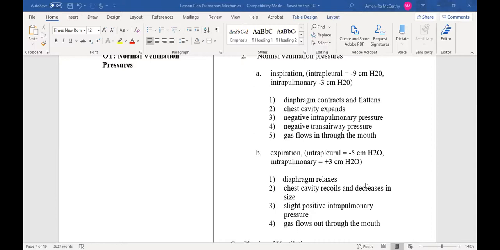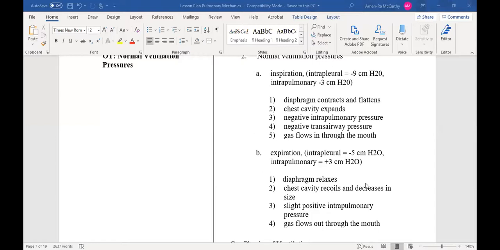Same. In between breaths, the pressure outside and the pressure inside is the same. So that's why nothing's moving. Remember I said in order for gas to move, there has to be a change in pressure. When you inhale, you become more negative in your chest than outside, so air goes in. When you exhale, you become more positive than outside, so it goes out.